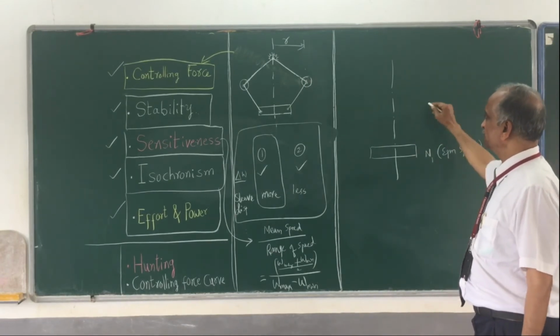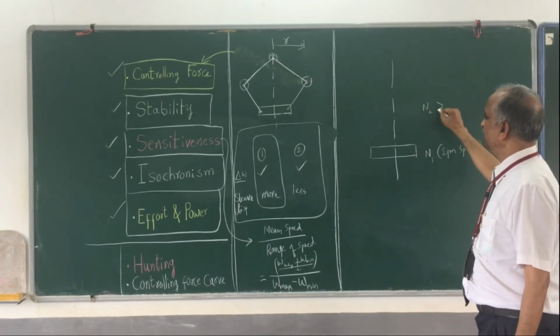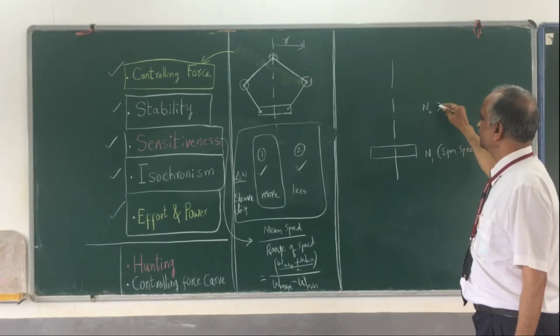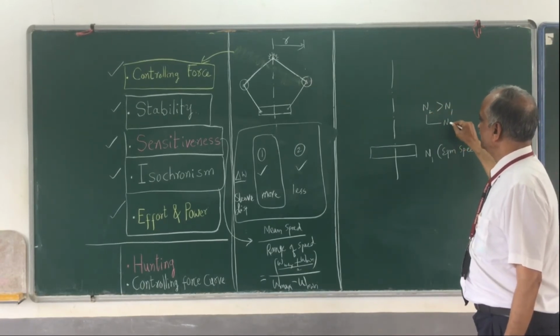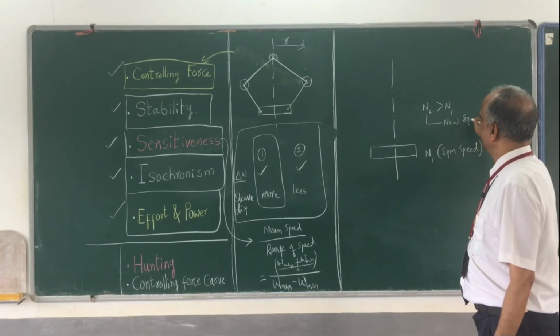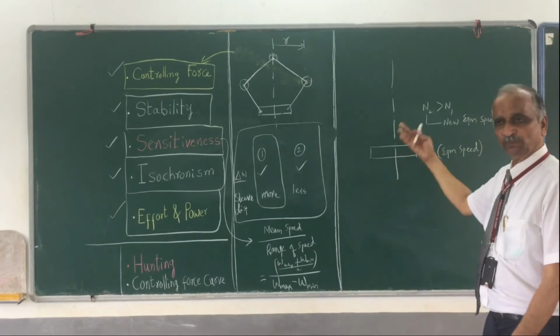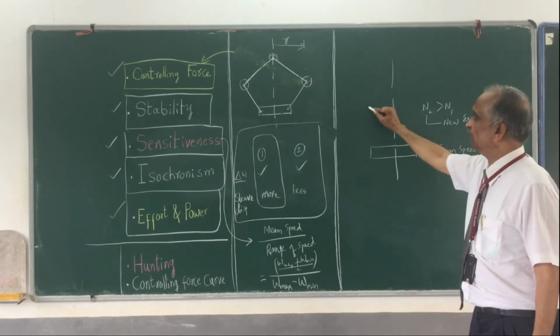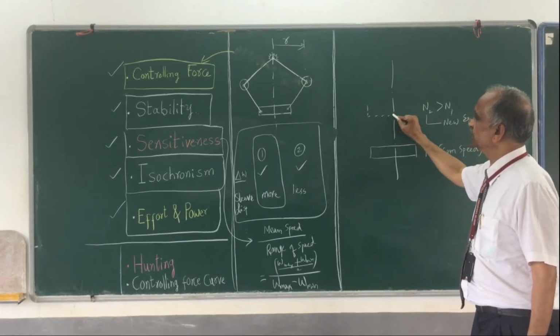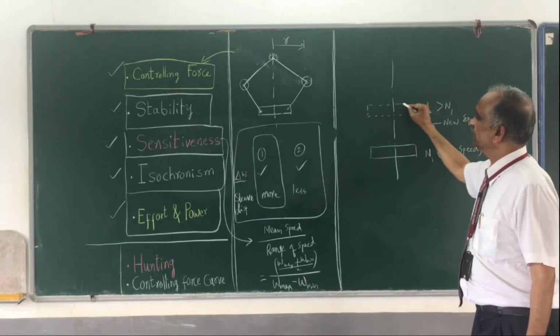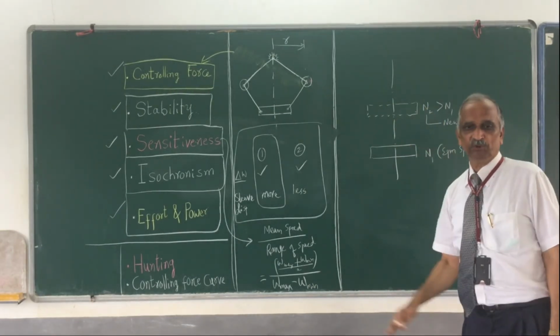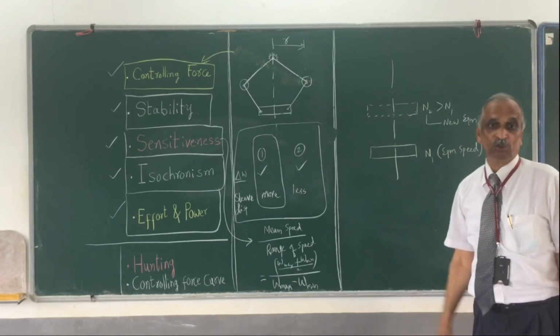When the speed changes to, say, N2, where N2 is more than N1, this is the new equilibrium speed. The sleeve is supposed to change its position and occupy the new equilibrium position.